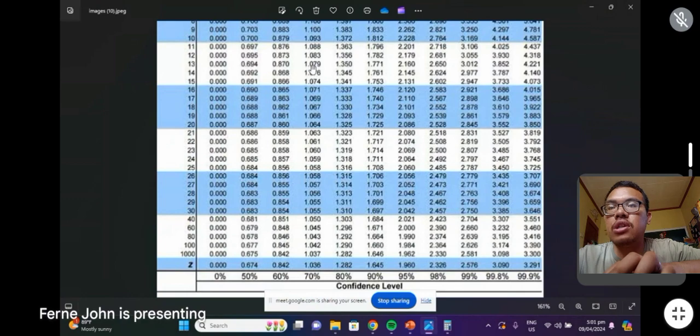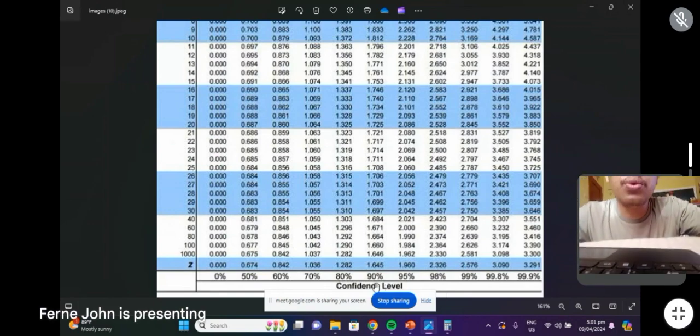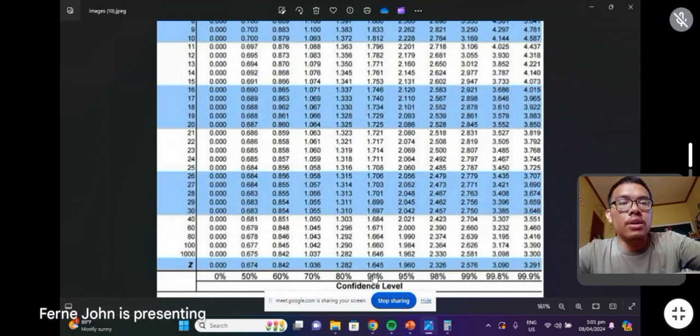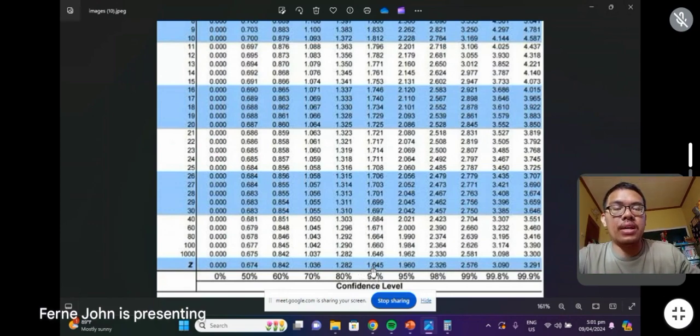In this table, the z-score and the confidence level are given. The confidence level starts from 0% to 99.9%, and the z-score is from 0 to 3.291.